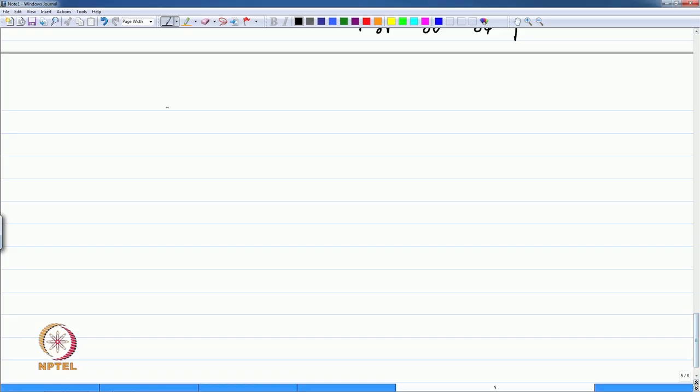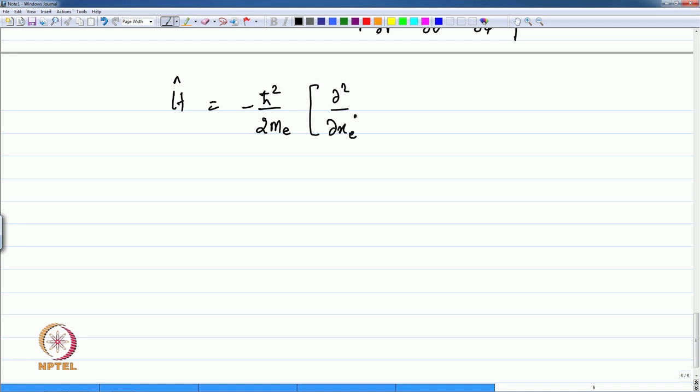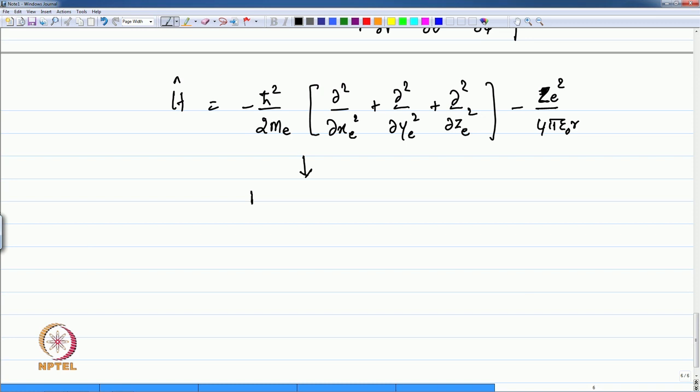Now we have this Hamiltonian expressed as minus h bar square by 2 m e times dou square by dou x square plus dou square by dou y square plus dou square by dou z square, minus z e square by 4 pi epsilon naught r, which needs to be changed to spherical polar coordinates.